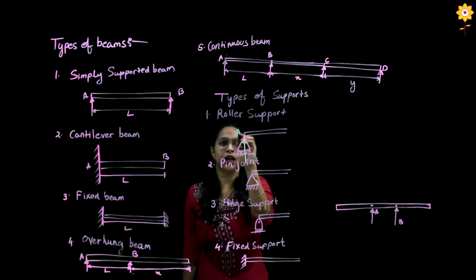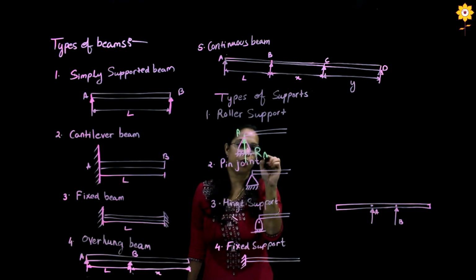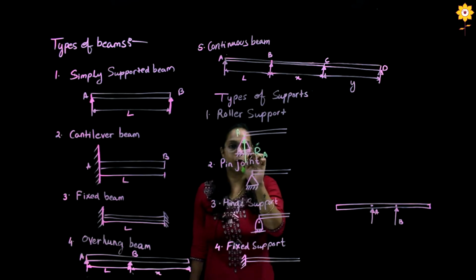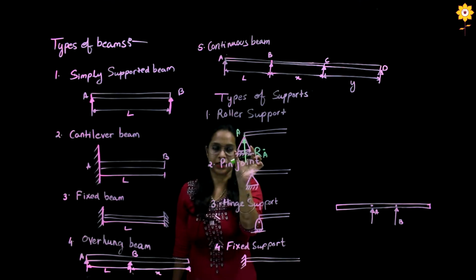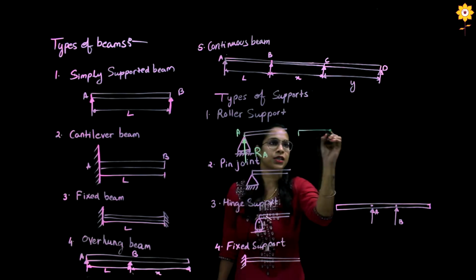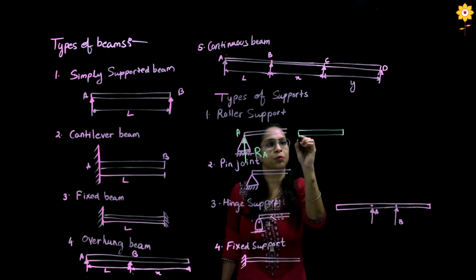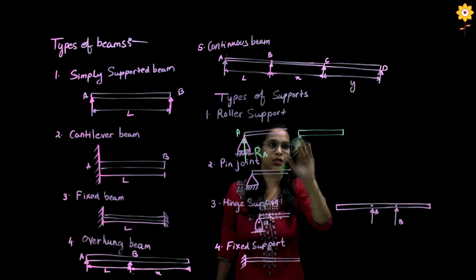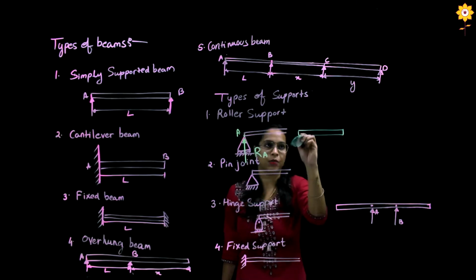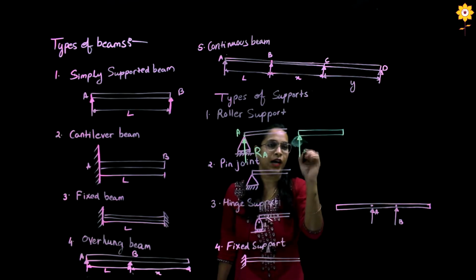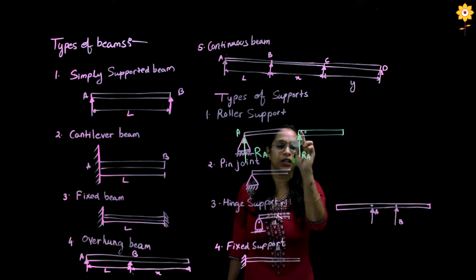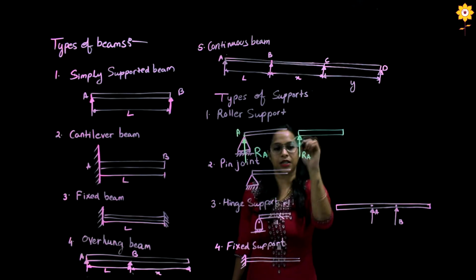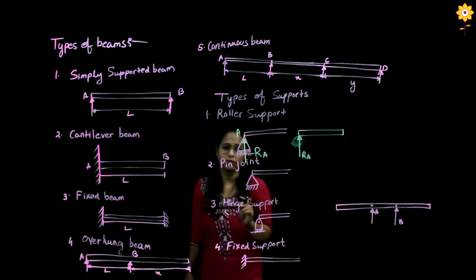If this point is A, this would be R of A if we remove this support. That is, if this is a beam with a roller support at the end, and I remove the roller support and draw a free body diagram, I'll get only one reaction, the vertical reaction at A, because that is the restricted direction.